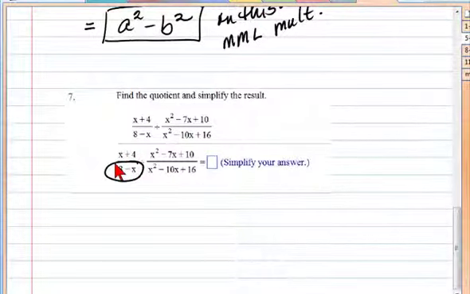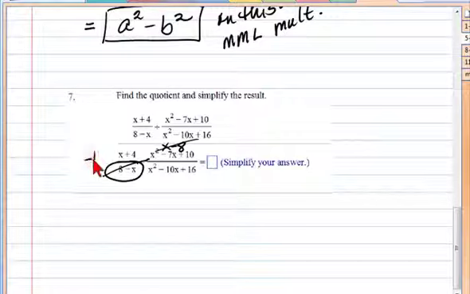When you do keep, change, flip, you're going to have an x minus 8 up here. What do you notice about 8 minus x and x minus 8? They're opposites. So when you divide those out, make sure you leave a factor of -1 with your answer. Okay? So I'll just mention that on number 7.